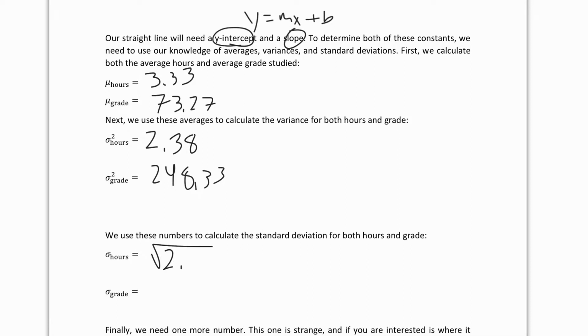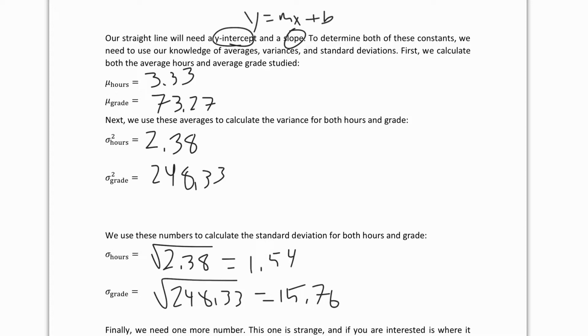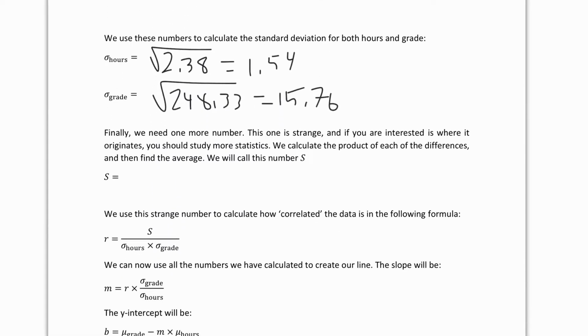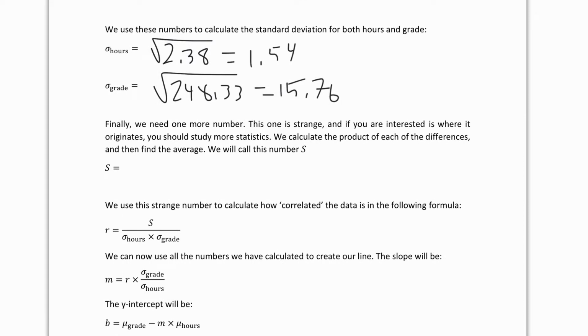So the square root of 2.38, or 1.54, and the square root of 248.33, which was 15.76. And like I mentioned, we need one more strange number, and if you're interested where it comes from, you of course should study more statistics. We calculated the product of the differences and found the average.